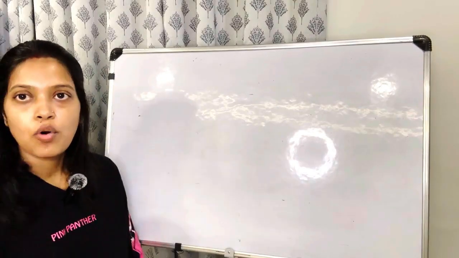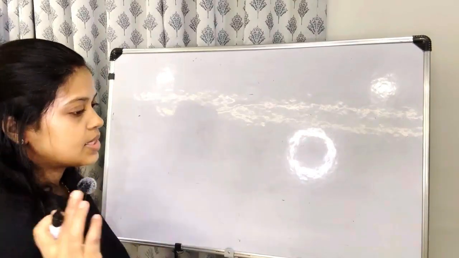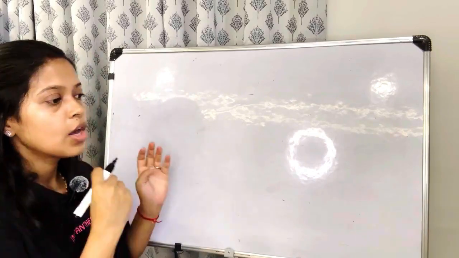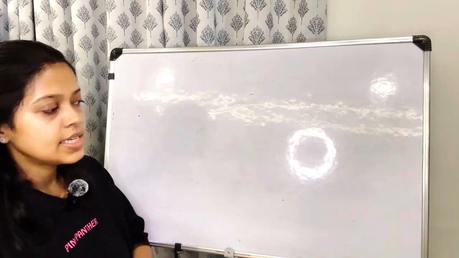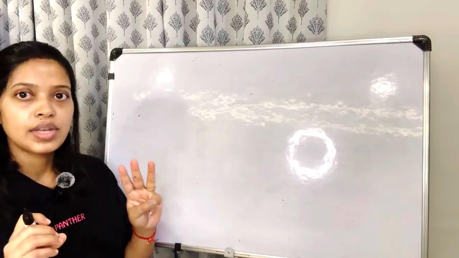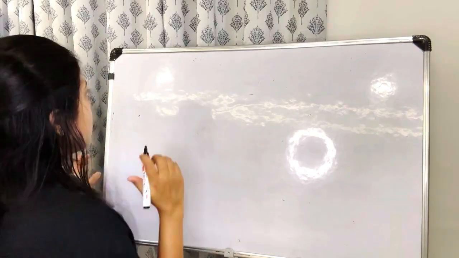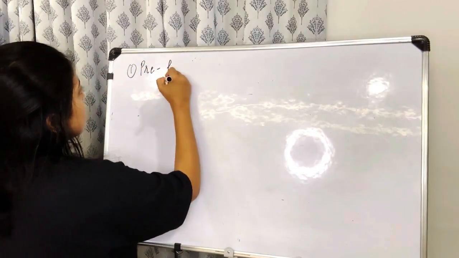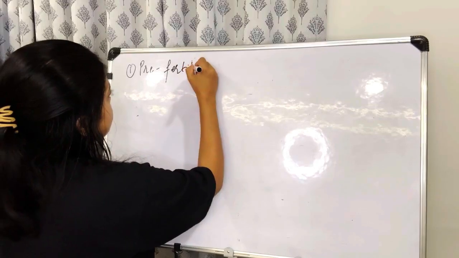So before going forward, it is important to understand that this complete process of transition from a flower to a fruit containing a seed, the complete pathway, is divided into three important stages. So the first stage is pre-fertilization.